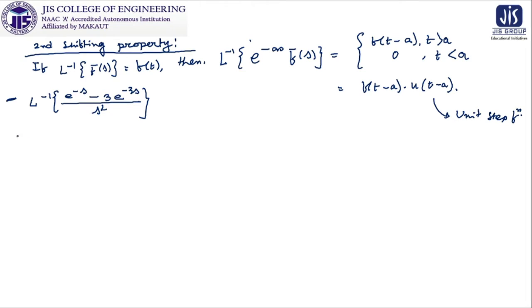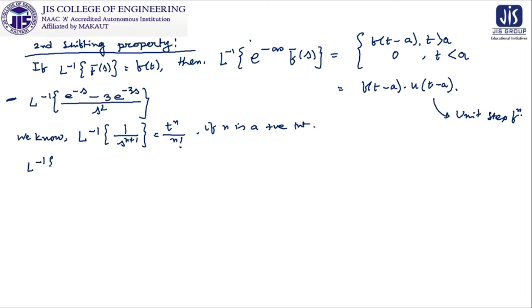We know Laplace inversion of 1 by s to the power n plus 1 is equal to t to the power n by n factorial if n is a positive integer. With this result we can write Laplace inversion of 1 by s square will be equal to t. We have already used this result in the previous problem also.